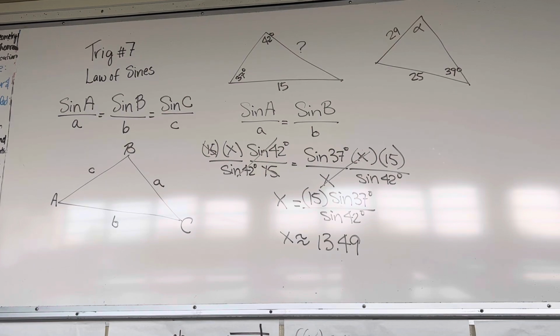Alright, so for you, do 15 times sine 37. Parentheses. Good. Now divided by sine 42. Should be it. Yeah, 13.49.